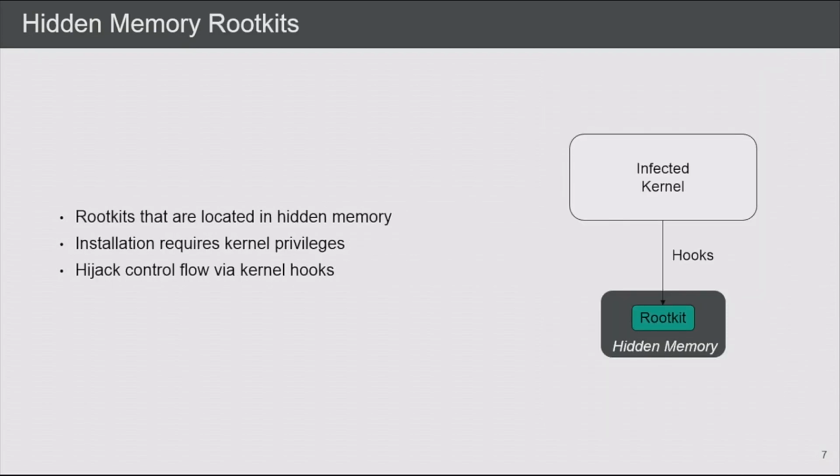So back to our hidden memory rootkits, as the name may suggest, these are simply rootkits that are located in hidden memory. And they typically hijack control flow via installation of conventional hooks.